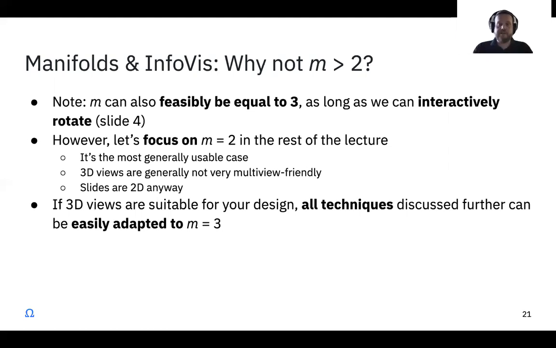Note how we have talked about the dimensions being abstract, so the x, y, and z in one plot are not equal to x, y, and z on the other. If your multi-view shows different subsets of the data, using the same dimensionality reduction, you do it once for the entire data set and then show different parts of it.